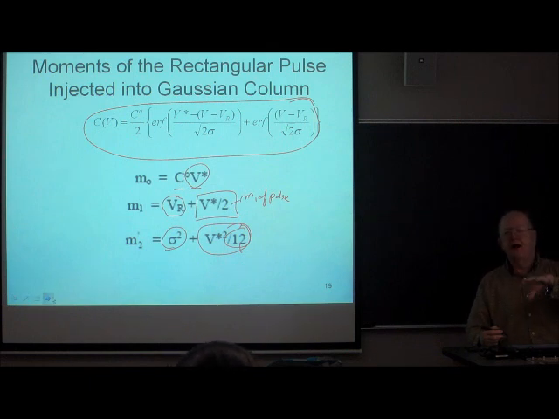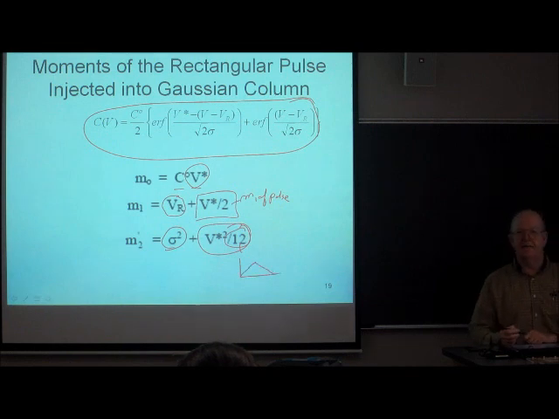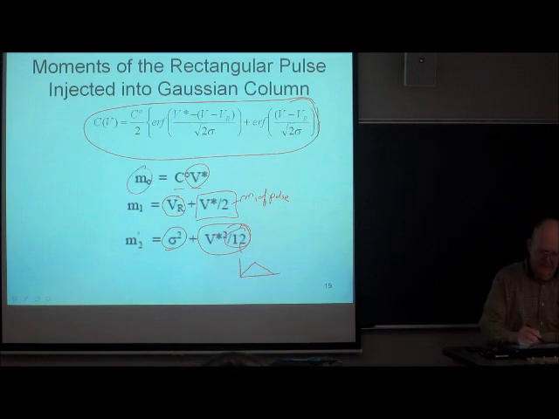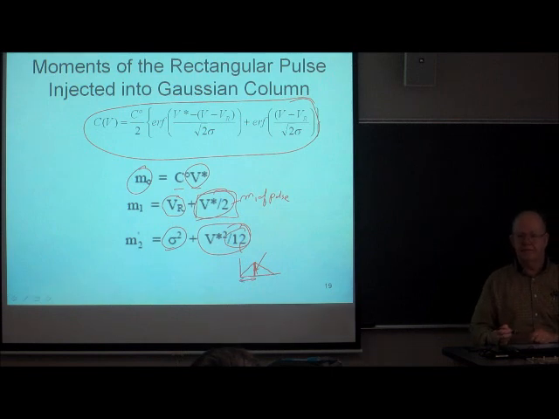Now, if you had an input which was non-pulse, for instance, if your input looked like that, I guarantee you that this would be the area under that. This would be replaced with the center of gravity under this, and if it's a symmetric triangle, then it would be replaced by that distance there.